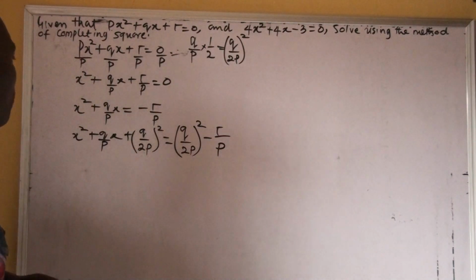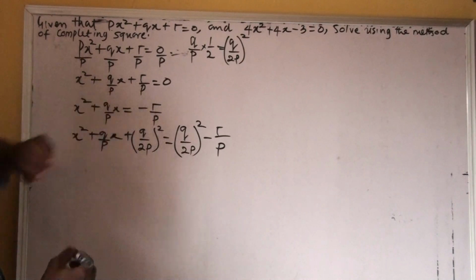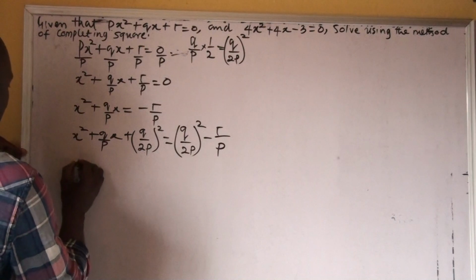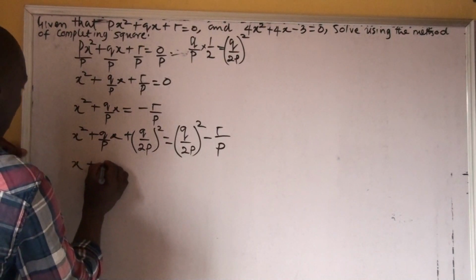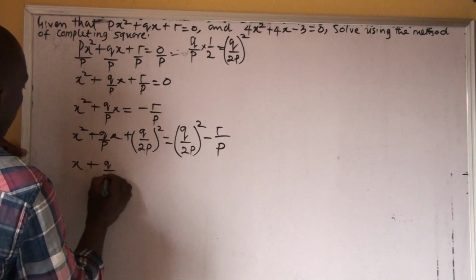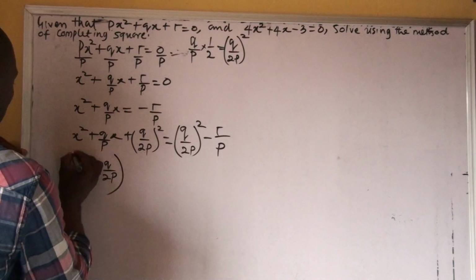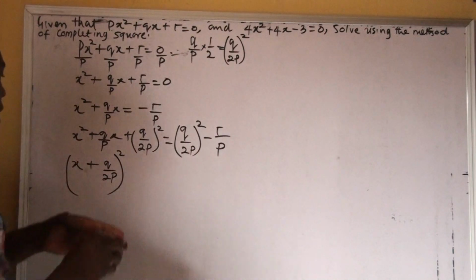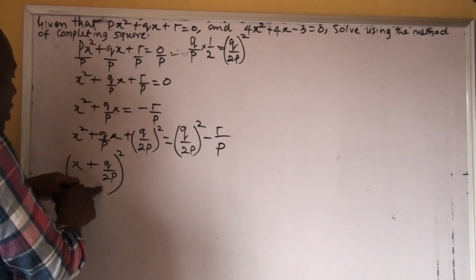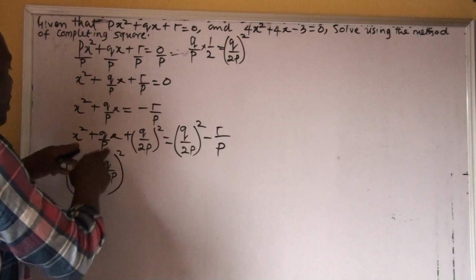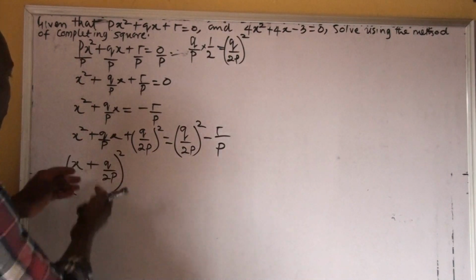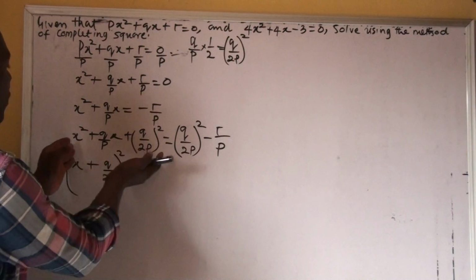Now this left hand side term we can also express as x plus q over 2p all square. So what we simply mean is that if we expand this term, it's going to give us everything here.